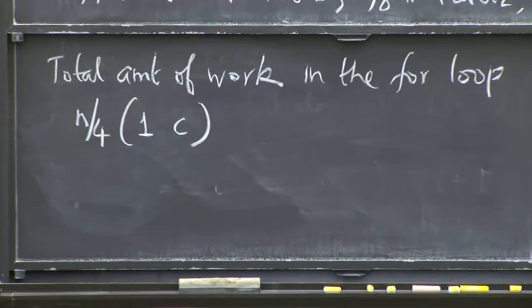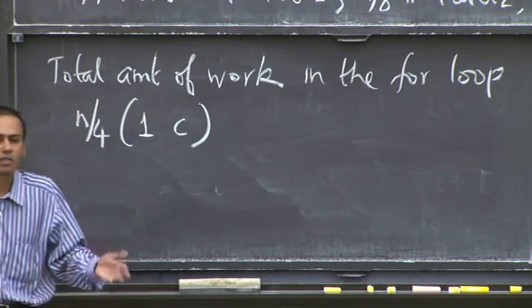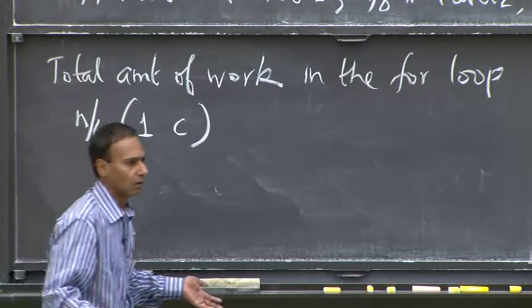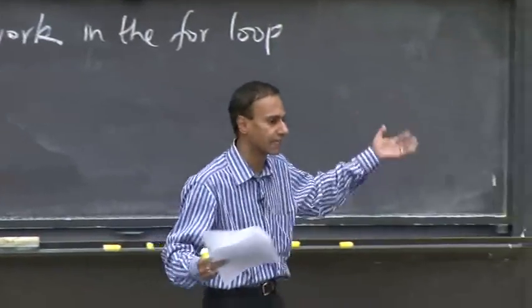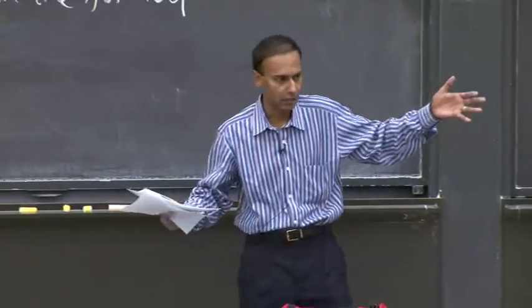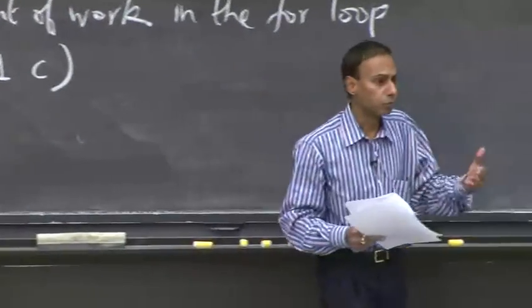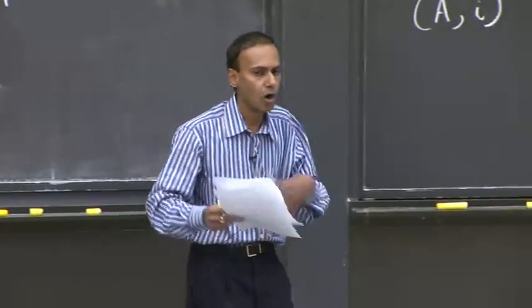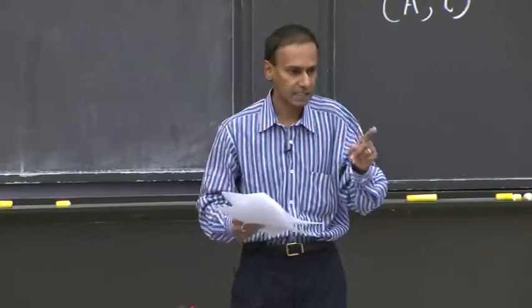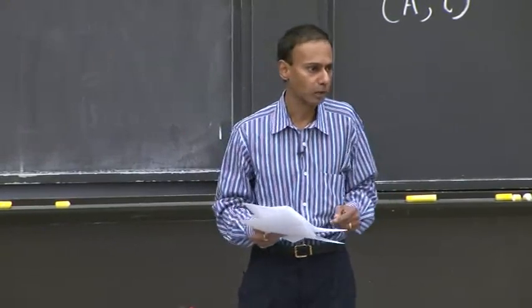I have one level here, and I'm going to do some constant amount of work for that one level. I'm just going to put c out there because eventually I can take away the c. That's the beauty of asymptotics. We don't need to argue about how much work is done at that one level, how many swaps, et cetera, but the fact is that these n over 4 nodes are one level above the leaf.